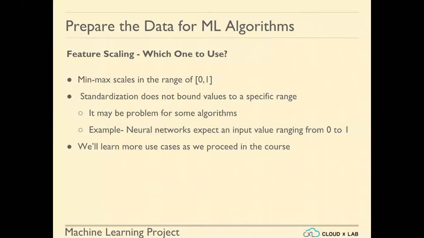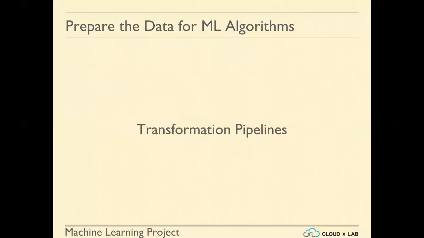Unlike min-max scaling, where it's guaranteed that the range will be converted into 0 to 1. So if it is a must to bring the data between 0 and 1, use min-max scaling. Otherwise, standardization is a good enough solution.